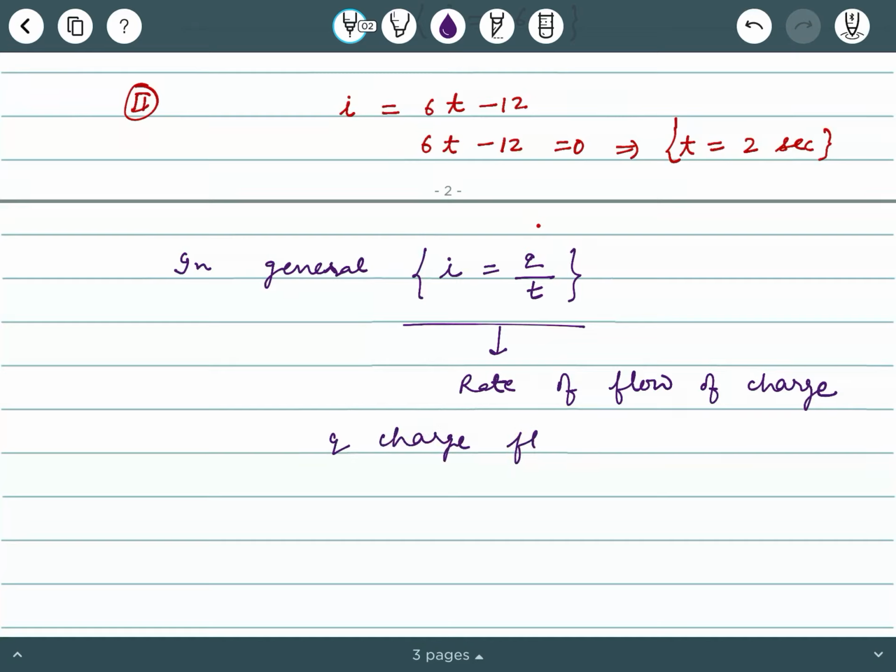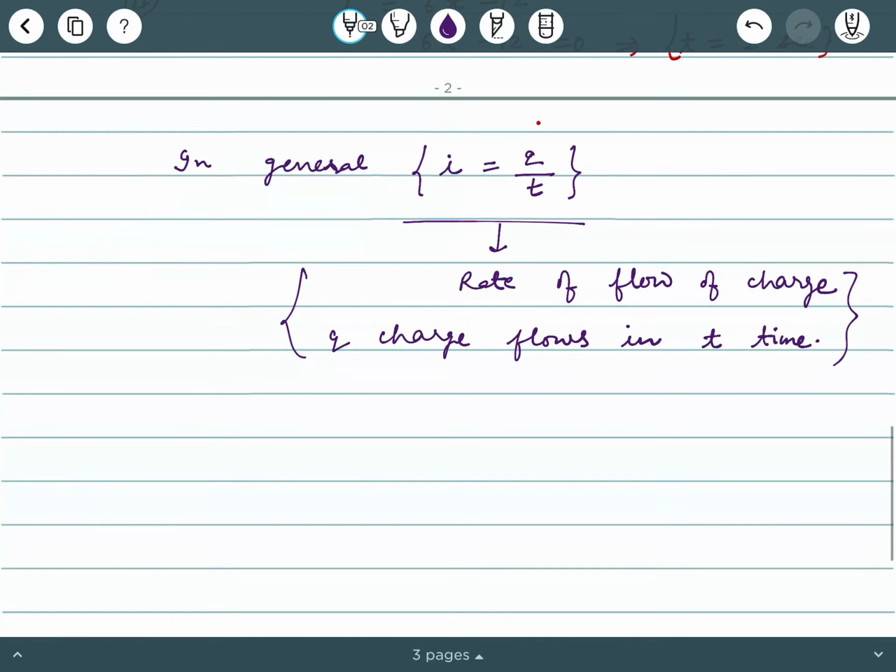That means q charge flows in t time. This is a very simple, very small explanation of the formula.